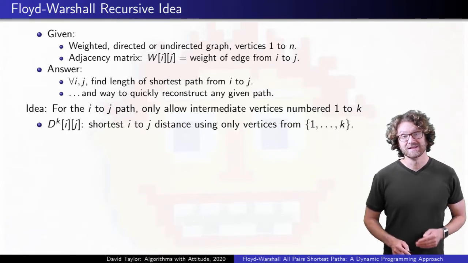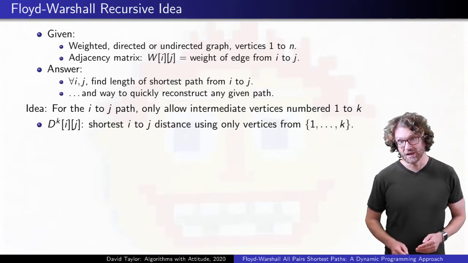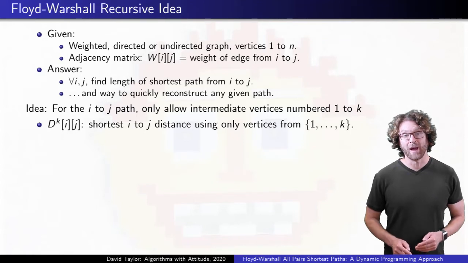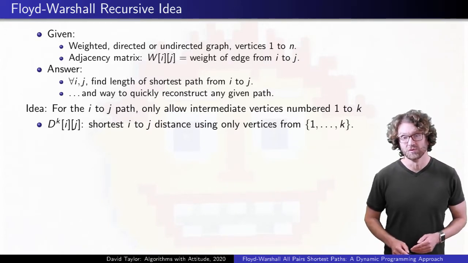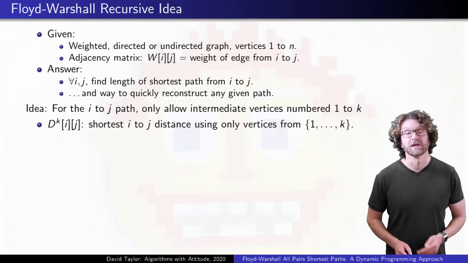So, d_k(i, j) will represent the shortest path from i to j using vertices only up to vertex k as intermediate nodes. i and j can be anything.